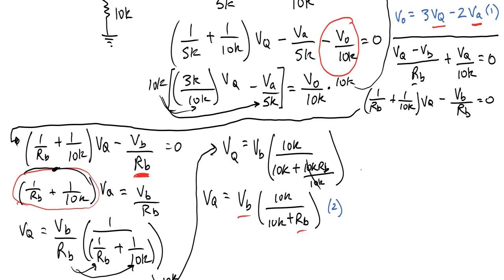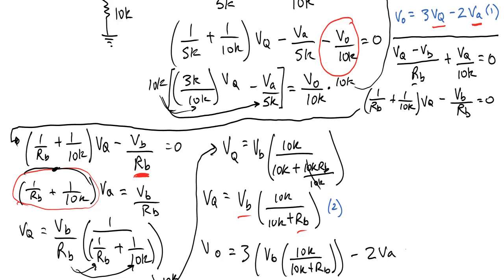So let's go ahead and do that. Let me just rewrite this. VO equals 3, and we're going to plug in for VQ now. So we've got VB times 10k over 10k plus RB, and that was what we got for VQ. And then we have this minus 2VA.